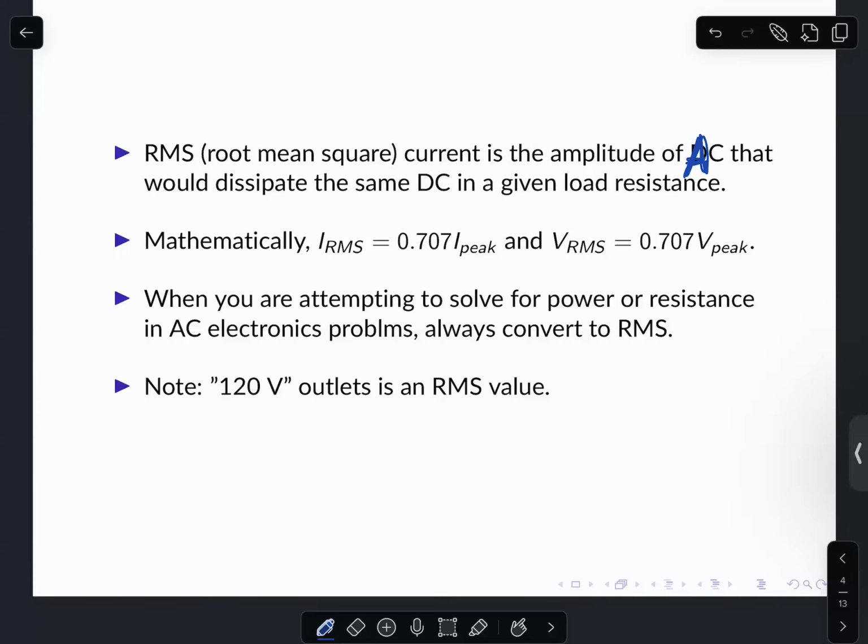But if I ask you to calculate the wattage, the power of a device, which is what you care about for your electric bill, you must always convert whatever you are given, you must make sure you are multiplying voltage times current in RMS versions. 120 volts is not the max strength of the sine wave in your wall outlet.